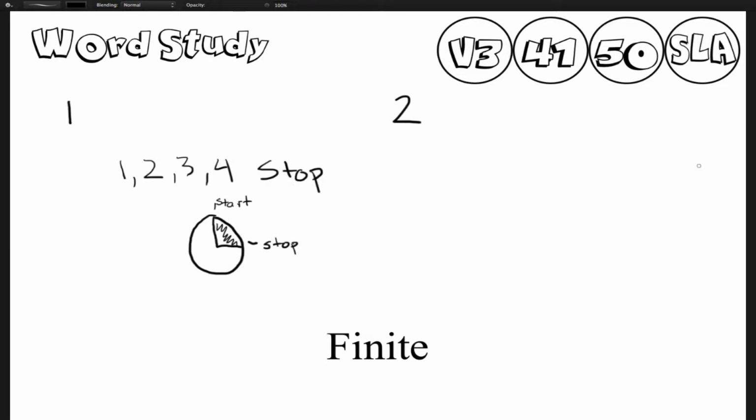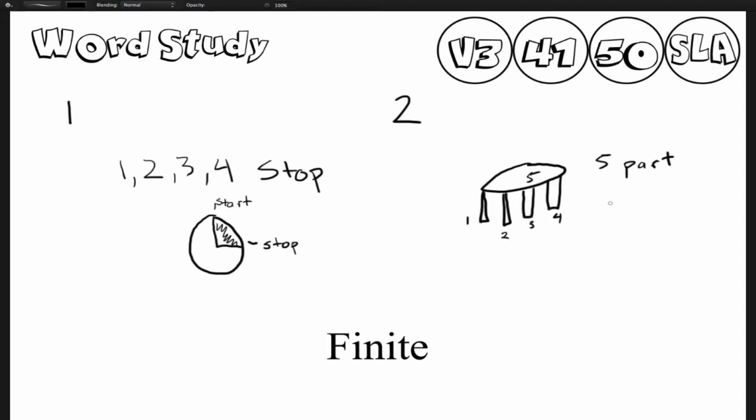The second meaning of finite is something with a countable number of parts. Here is a table. The table has 4 legs and 1 top. It's easy to count. 1, 2, 3, 4, 5. 5 parts.